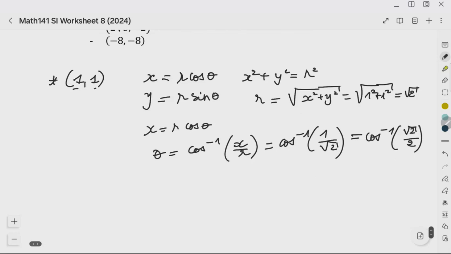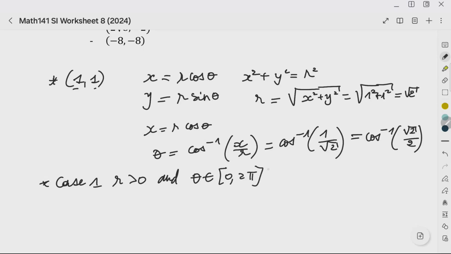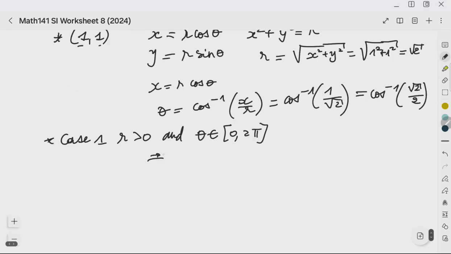For our first case, where r is greater than 0 and theta belongs to the interval between 0 and 2 pi, theta is equal to what?